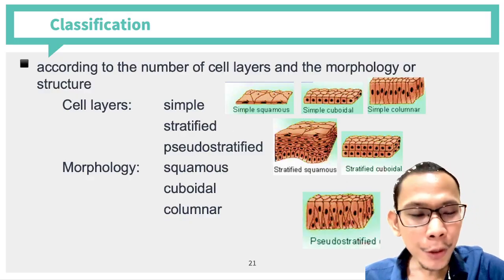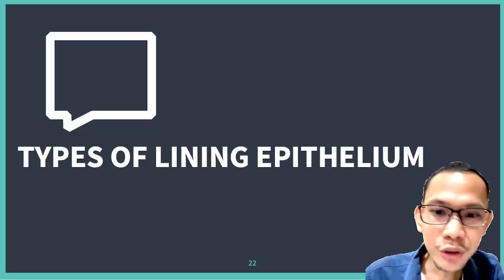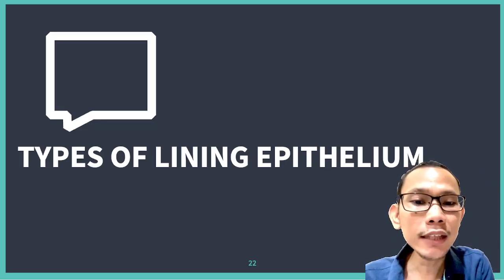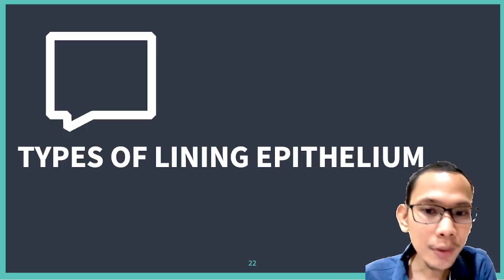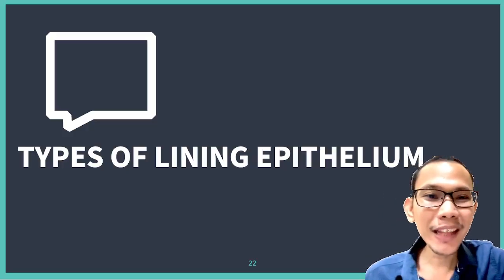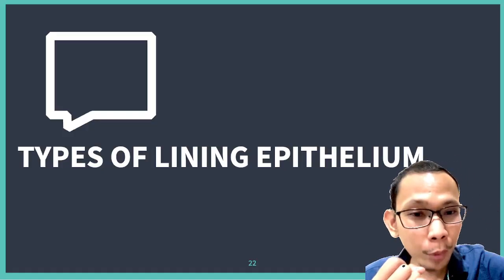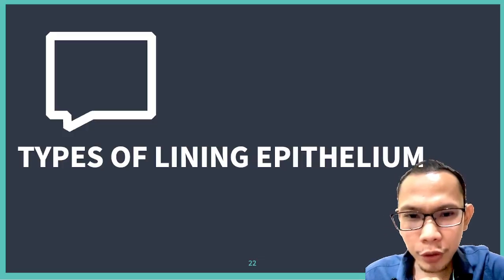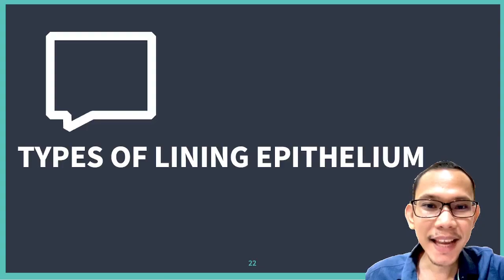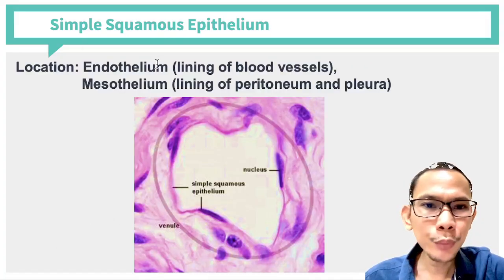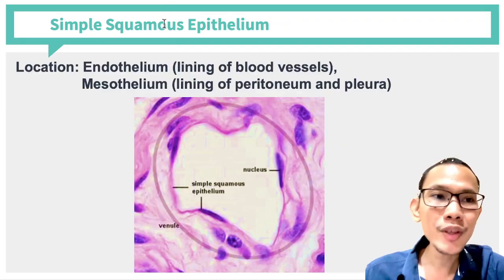So, our discussion next will focus on the different types of lining epithelium. I-discuss natin isa-isa. First, simple squamous, simple columnar, simple cuboidal. Our first discussion will focus on the simple squamous epithelium.